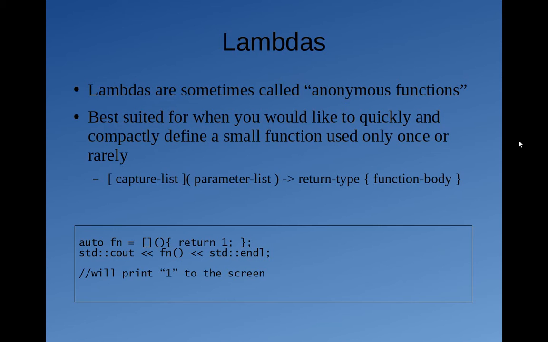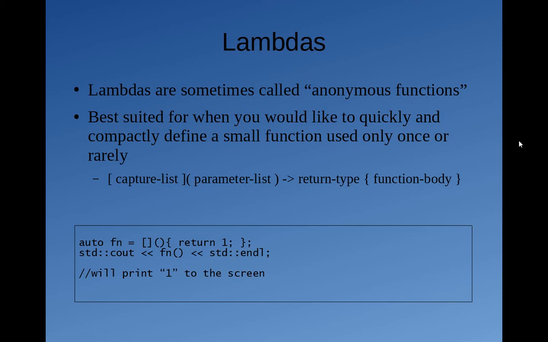But anyways, the basic premise of lambdas is, let's say you have some small function and you're only using it in one place, or occasionally, and you might not want to go off and define this function somewhere else. That takes space somewhere else, that takes the time to scroll up in your text editor. Maybe you want to define that function right there where you're using it.